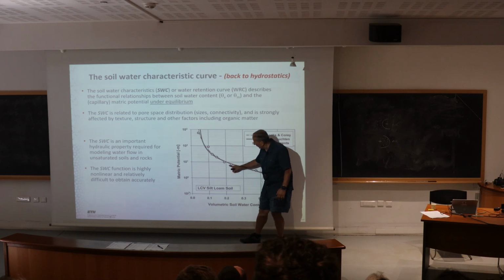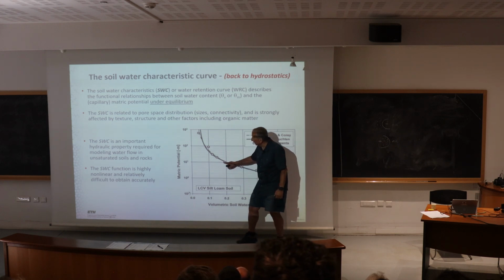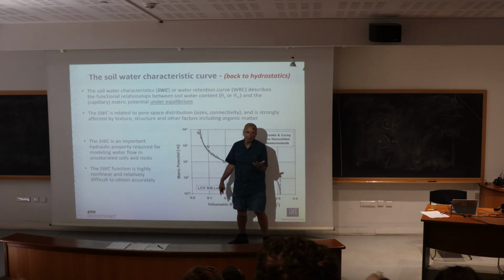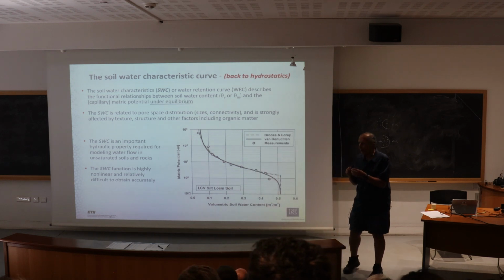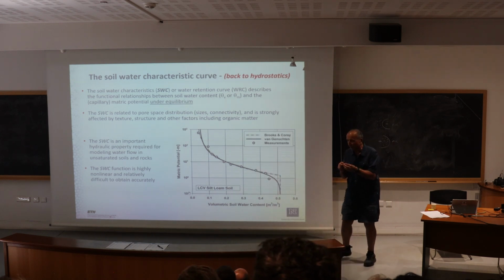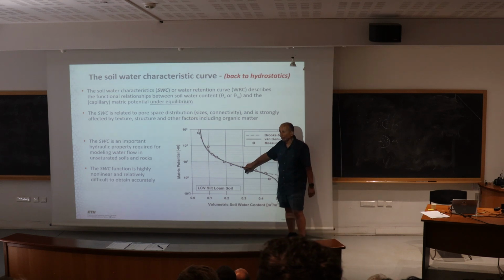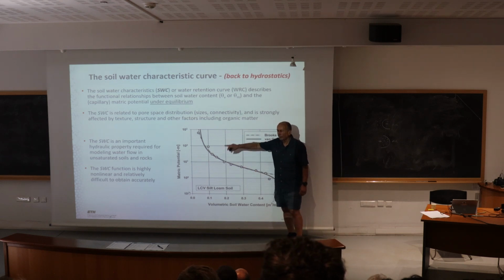So for every point here you select the water content and read the matric potential. And that's actually how we measure it. We take pairs of matric potential and water content. Once we establish equilibrium, we plot a dot on this curve and we collect all these dots.